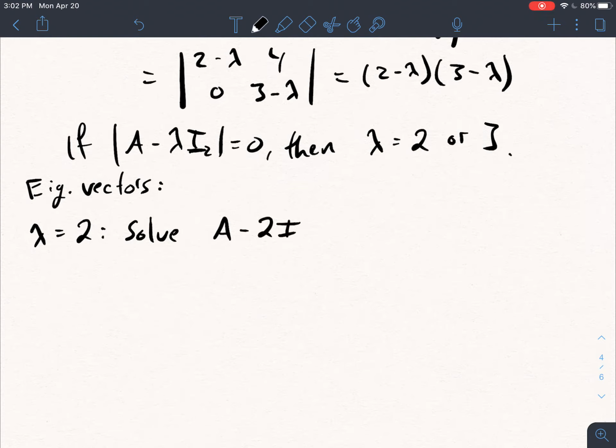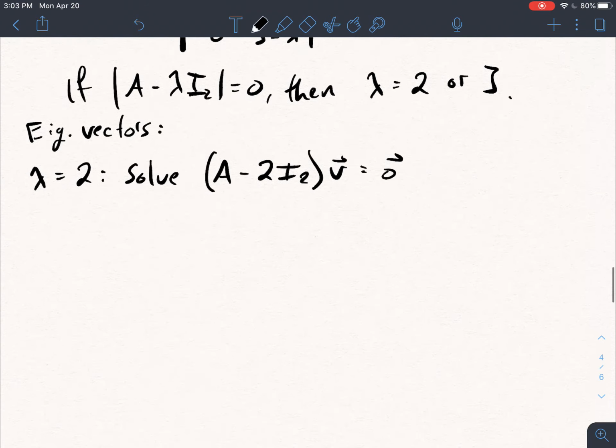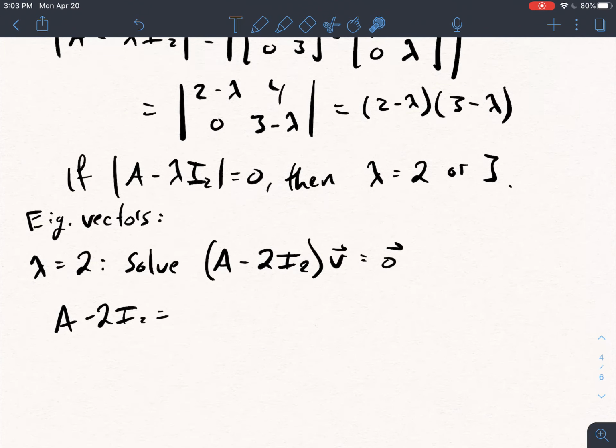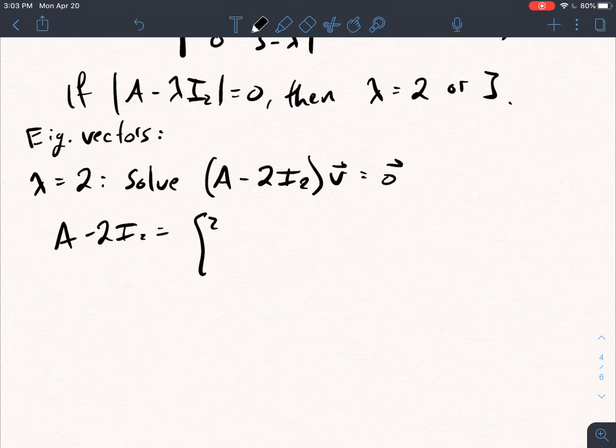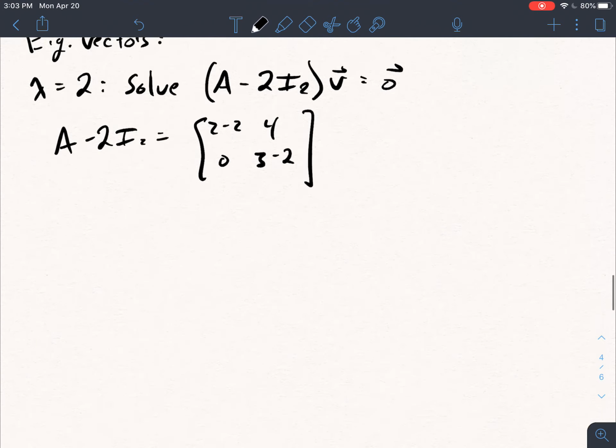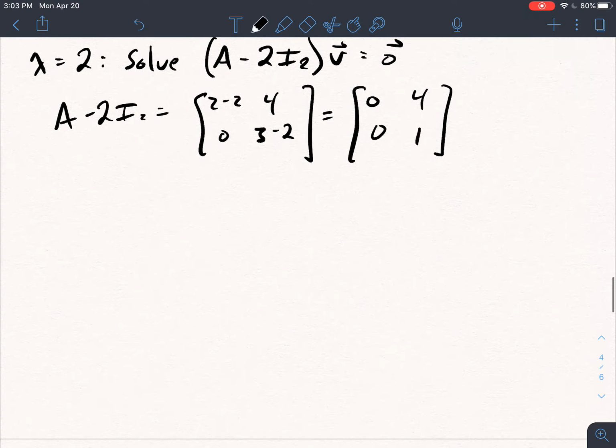So I want to solve (A minus lambda I) times v is equal to 0, where lambda is equal to 2. So A minus 2I: A is equal to [2, 4; 0, 3], and then I subtract off 2 times the identity matrix.